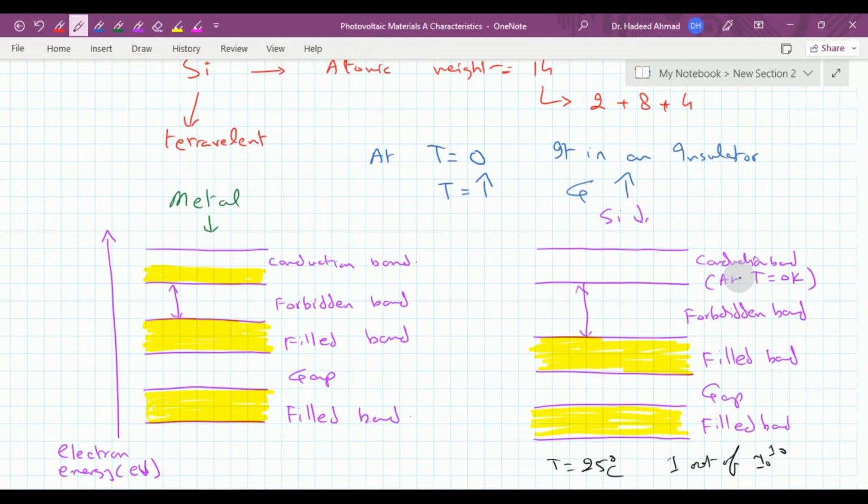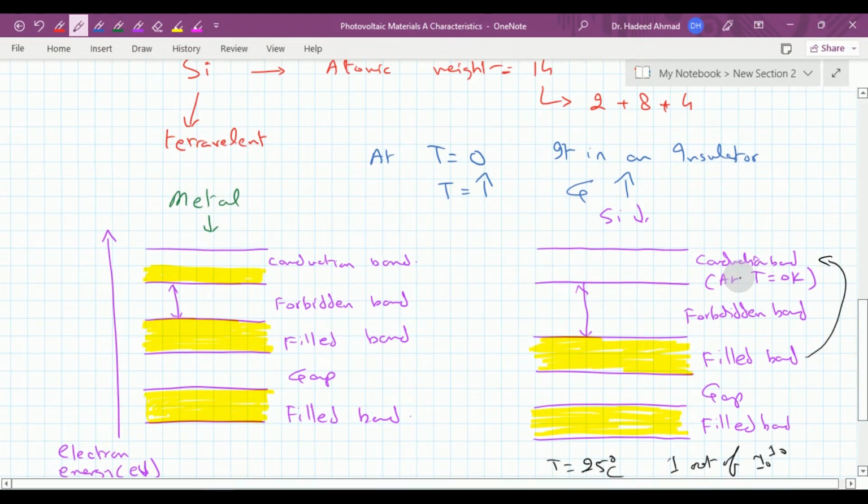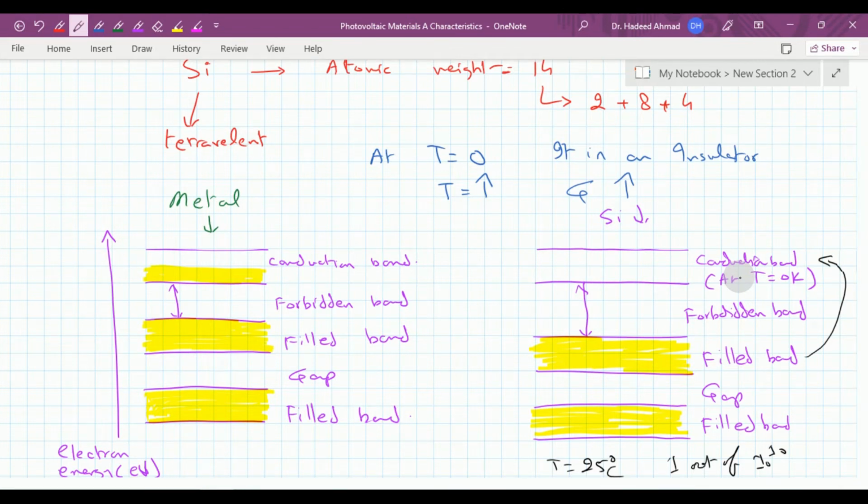The higher the energy level they have, the more they will move upwards, which means that electrons must gain energy to jump over these gaps or this forbidden band to move to the next band. And the energy which is required for an electron to promote itself from this filled band into some other band of higher level is known as the band gap energy.